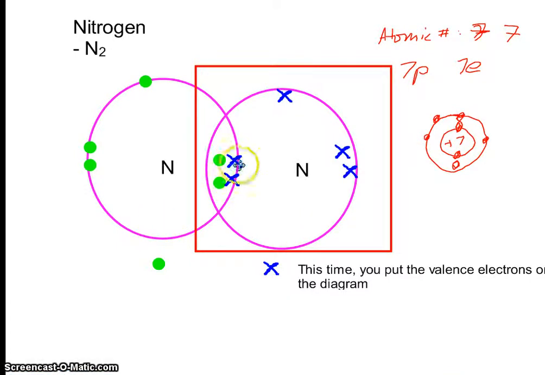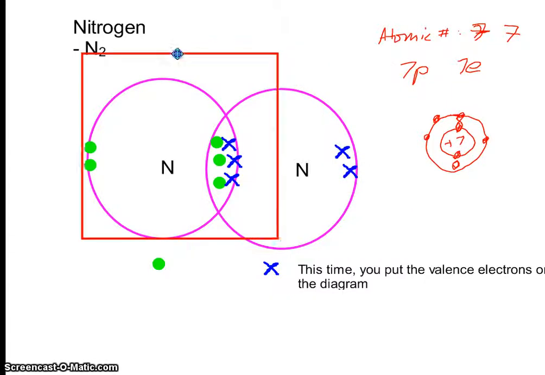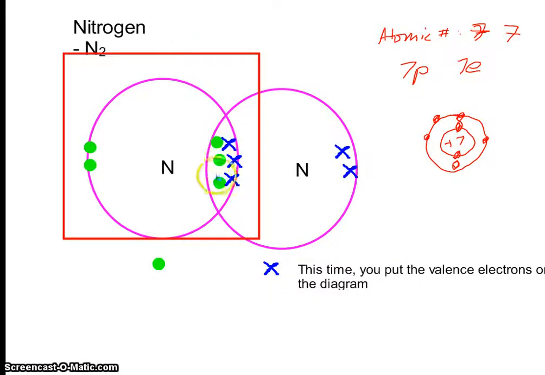Okay, 1, 2, 3, 4, 5, 6, 7. Still not happy yet, so let's share some more. 1, 2, 3, 4, 5, 6, 7, 8. So this one's happy. 2, 4, 6, 8. This one's happy. So in nitrogen we have a triple bond, right? Because we have 1, 2, 3 bonds.